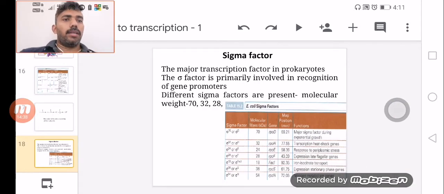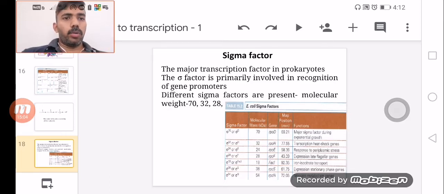And when you see in detail about sigma factor, sigma is the major transcription factor in prokaryotic system. And this one is primarily involved in recognizing the promoter sites of a gene. We'll come to the discussion of promoter later. So for every gene we have a promoter region.